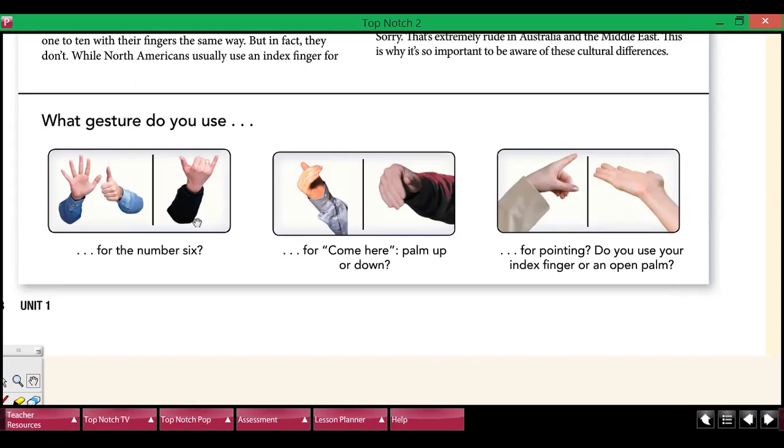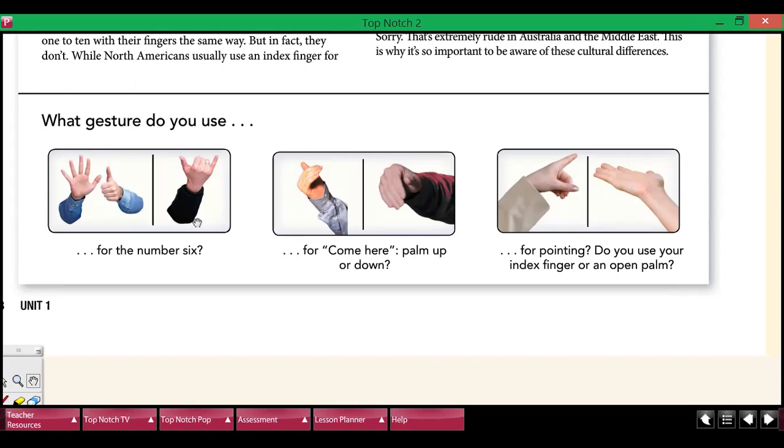Who uses this as number 6? Chinese. All right. Come here. How do you do come here? Like this? Or like this? With the palm up or with the palm down?